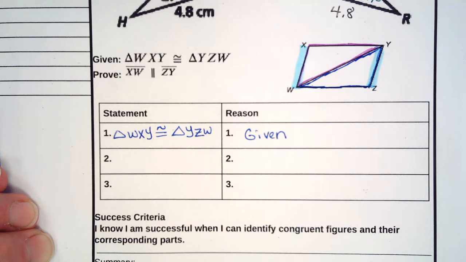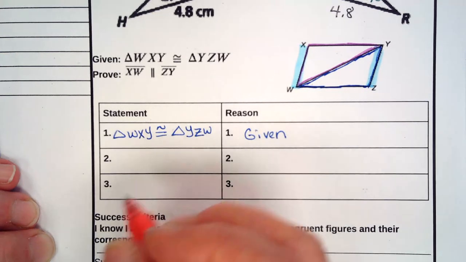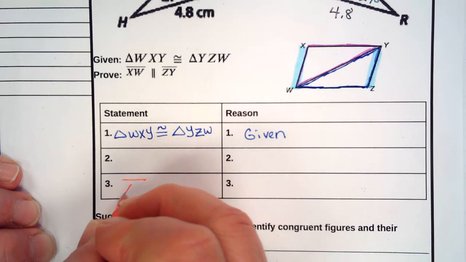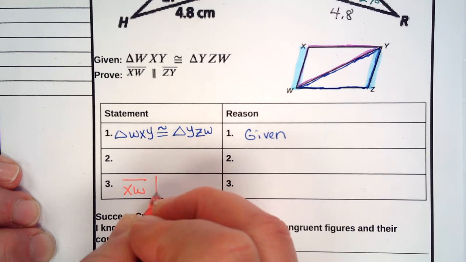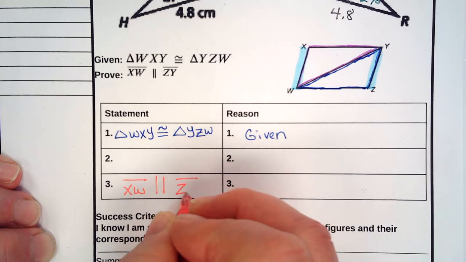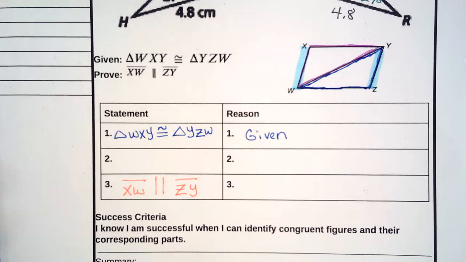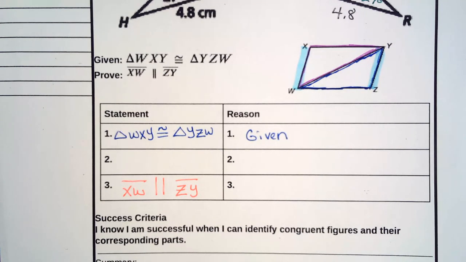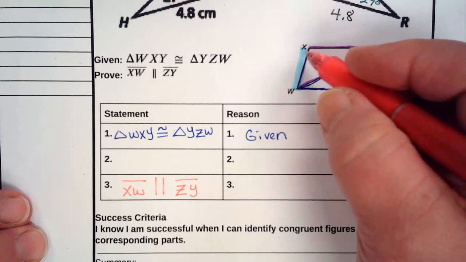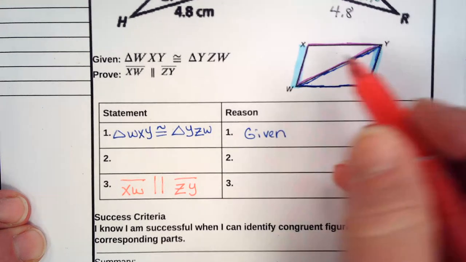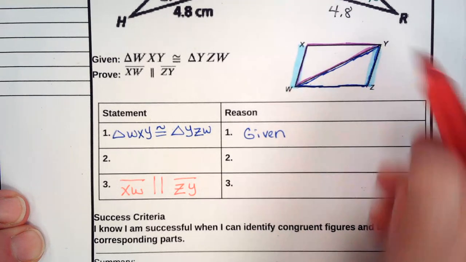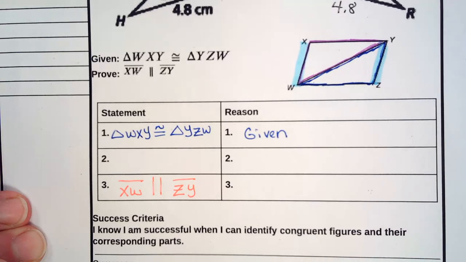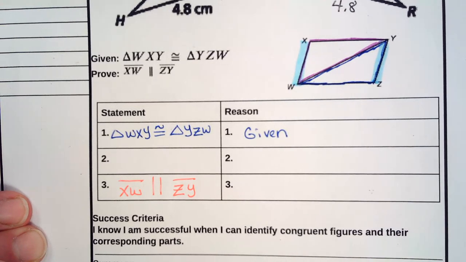100% of the time you end with what? What you want to prove. Segment XW is parallel to segment ZY. Okay, how do we get there though? So let's think back when we studied parallel lines. If you're looking at these two lines, this would be your transversal. Do we have any exterior angles that we can identify?